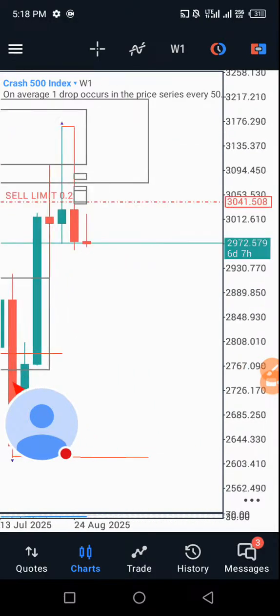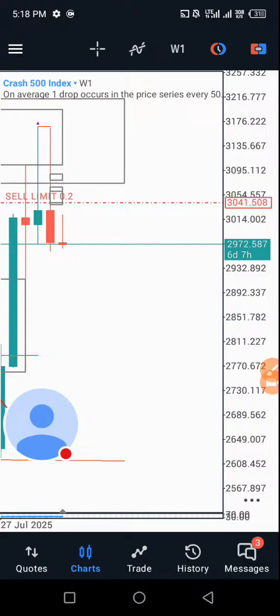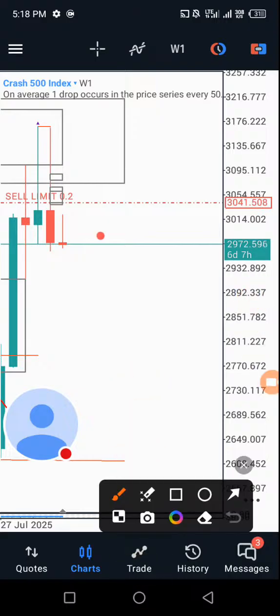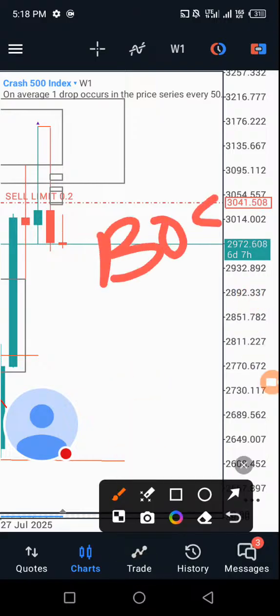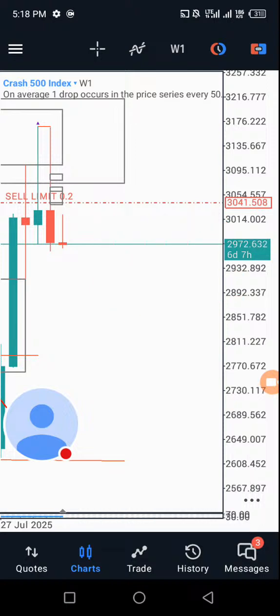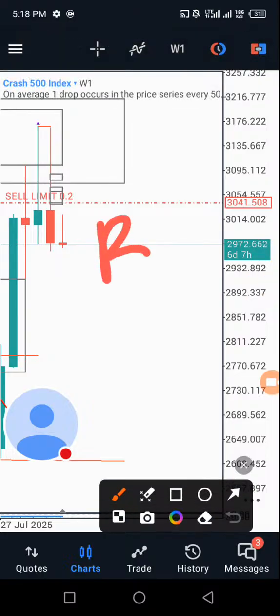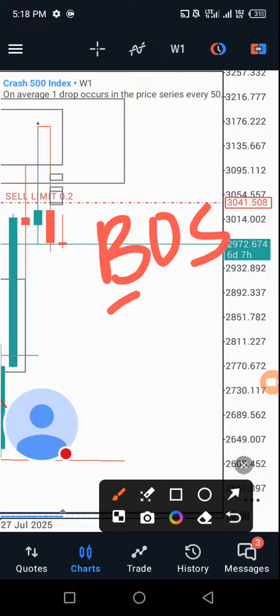The first thing we said is that your break of structure is very important. That's where we started from. Anything you want to do, make sure you are able to identify your break of structure. If you are not able to identify it, you will not be able to know the direction of the market.